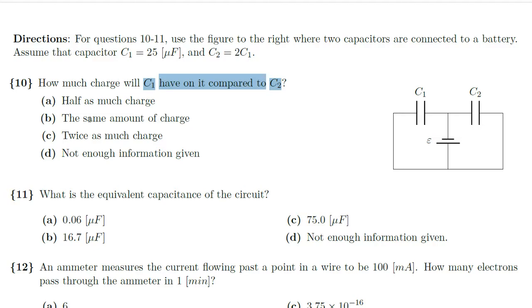So what do you think will happen in terms of the amount of charge on C1 compared to the charge on C2? This has to do with how the capacitors are arranged.